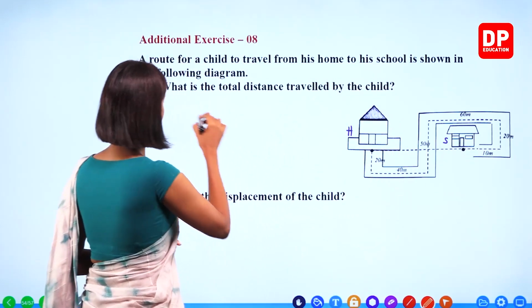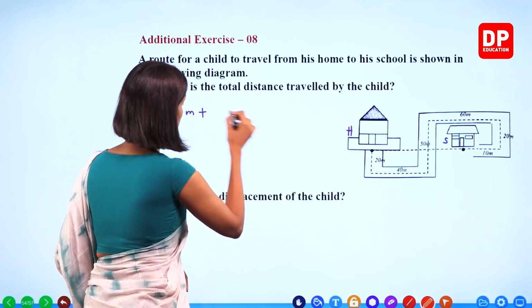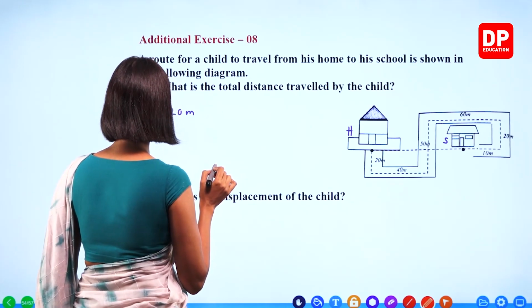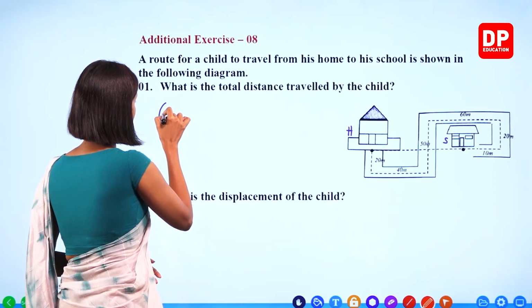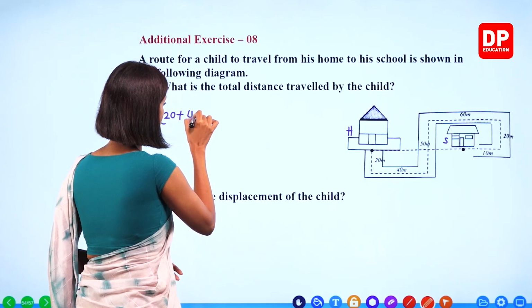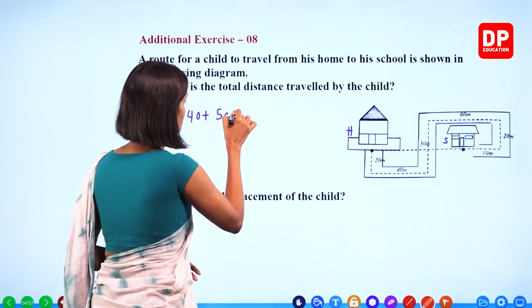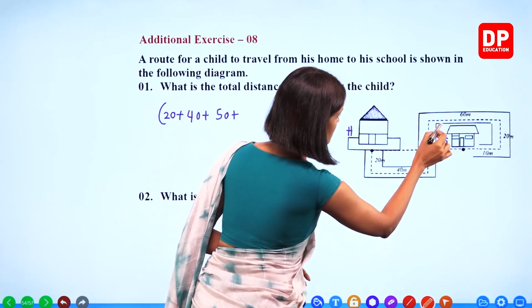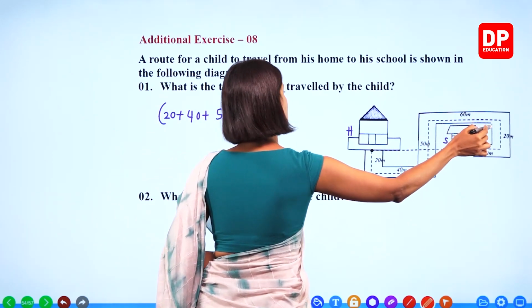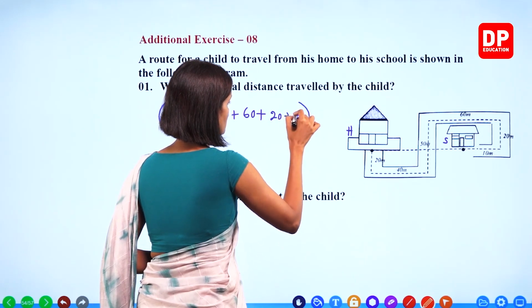Right? Let's write 20 meters plus 40 meters. We will write meters outside the bracket. Right, 20 plus 40 plus 50, then 60, then another 20 and 10 meters.